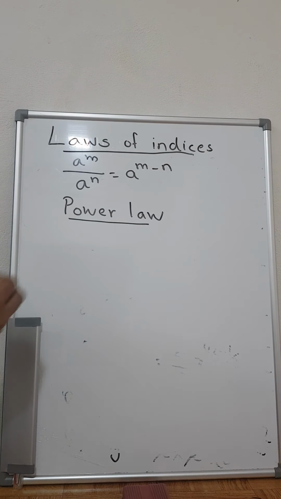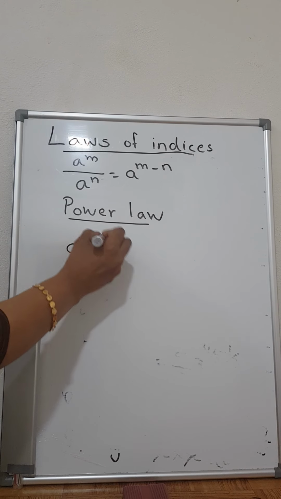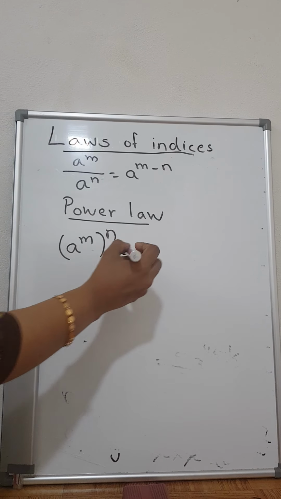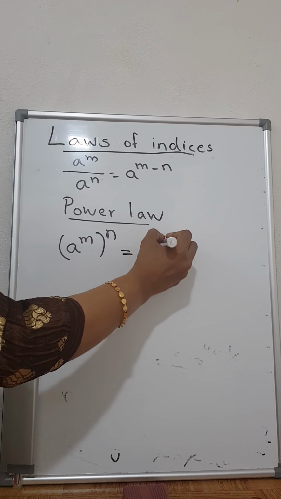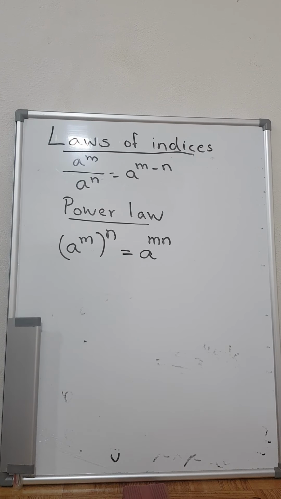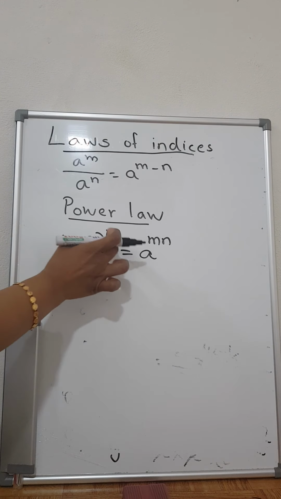According to the power law, a to the power m, all to the power n, equals a to the power m times n.